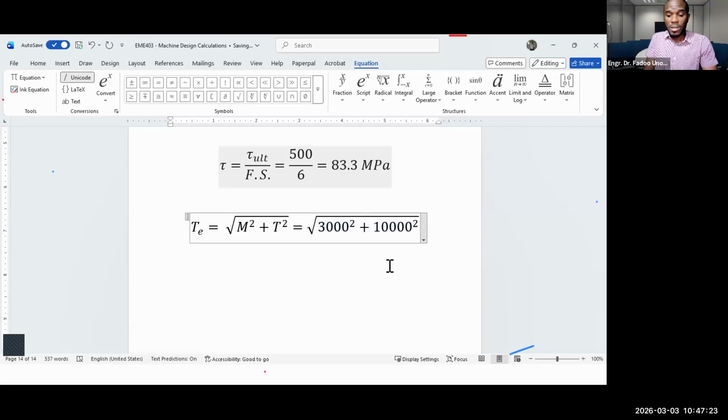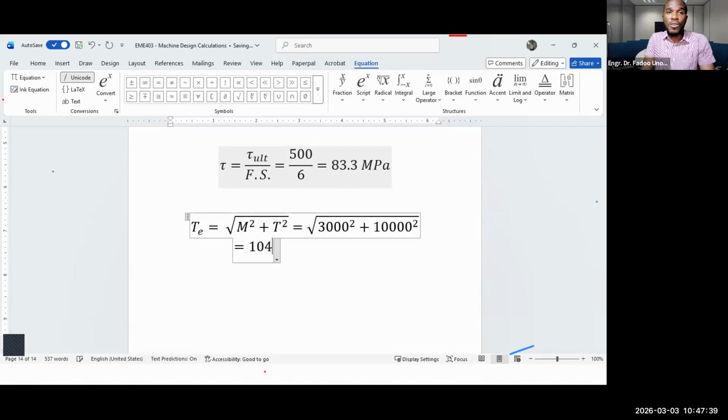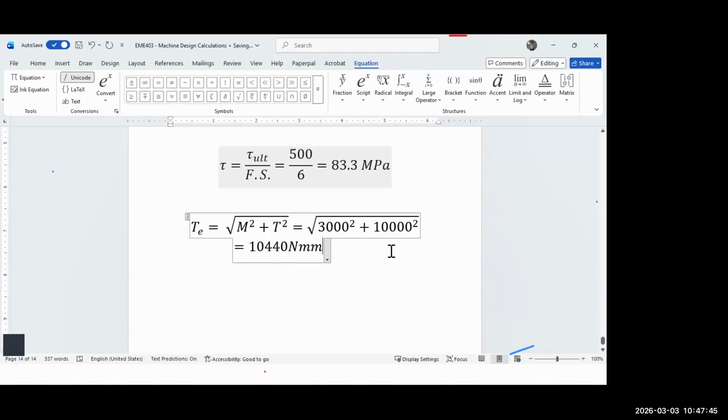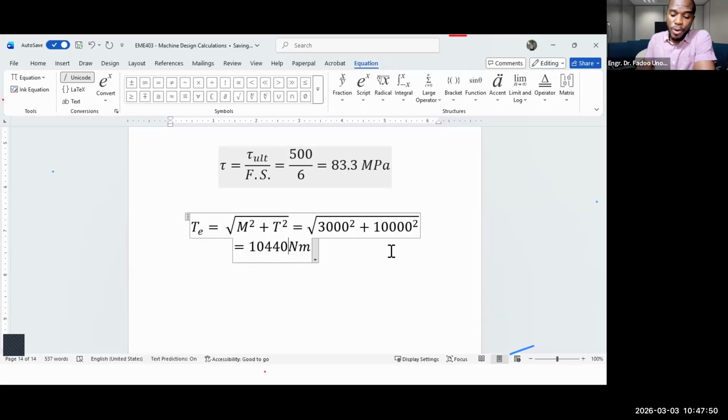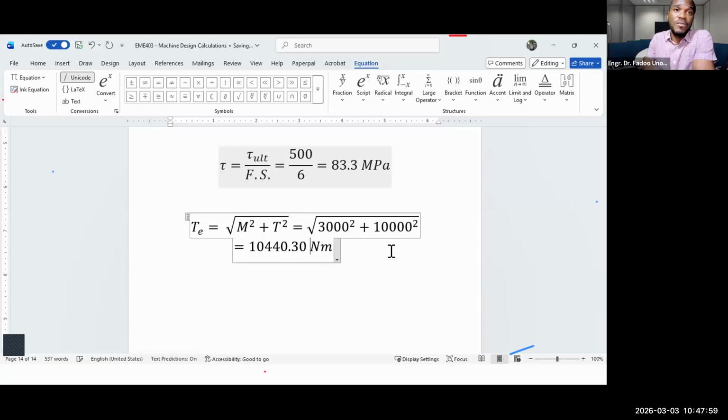Press your calculators. What do we have? 10,440.30 Newton meters.